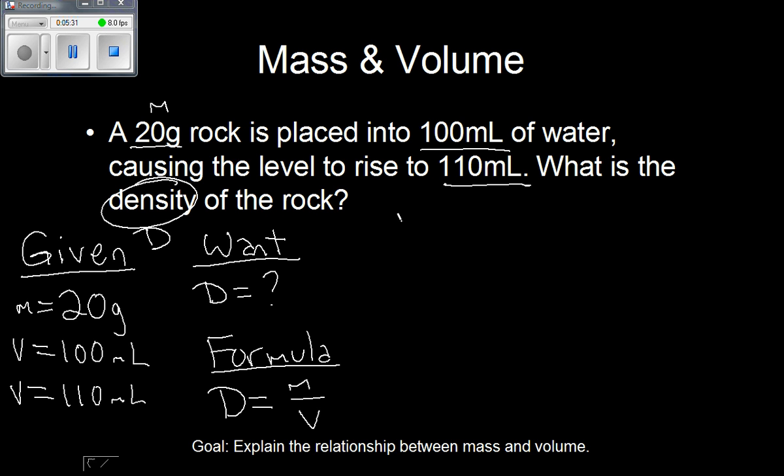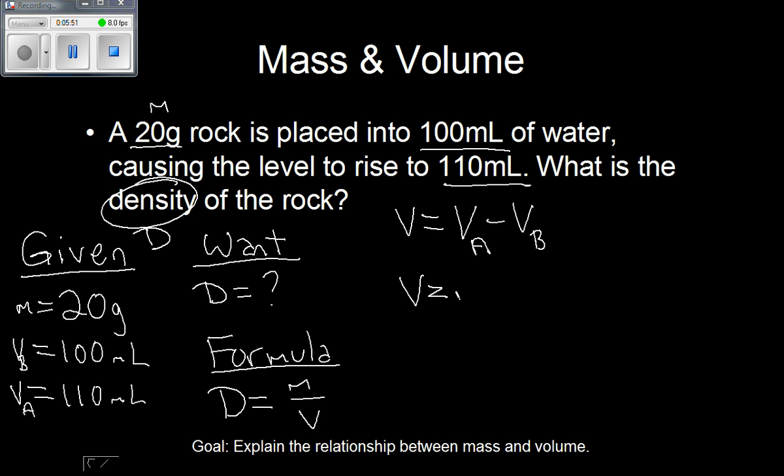Remember that the volume of the rock is equal to the volume after the rock was added minus the volume before the rock was added. So after it was added was the 110, and before it was added was the 100.